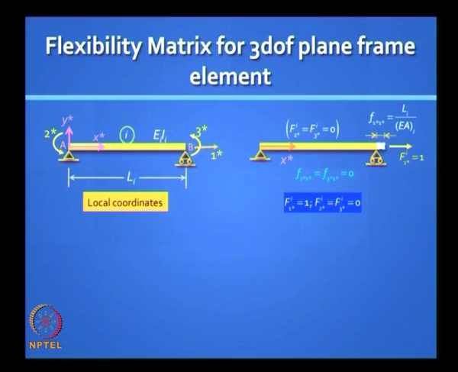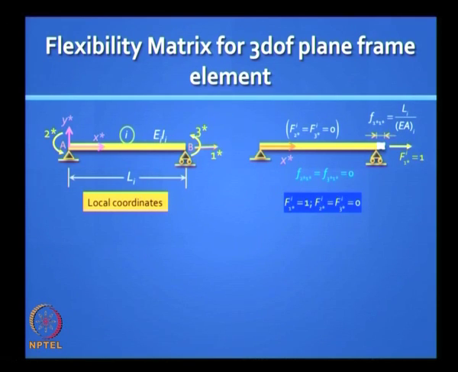So here when you pull it you are not going to get any moments, it is just like an axial truss element. You know that the deflection, the lateral elongation you get is the extension in that element, it is the flexibility, axial flexibility L by EA, clear, and that is your F1 star 1 star.